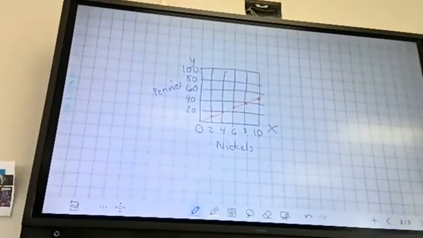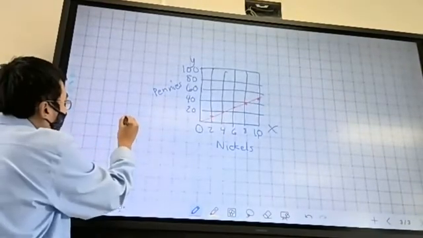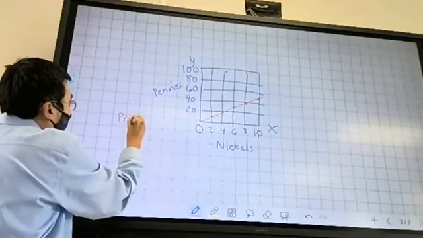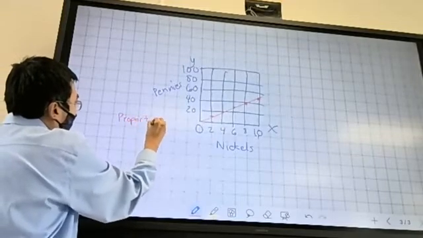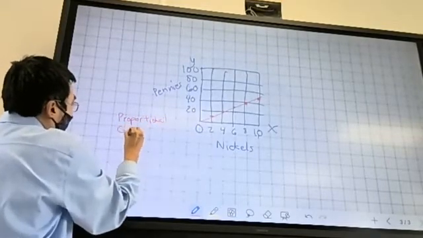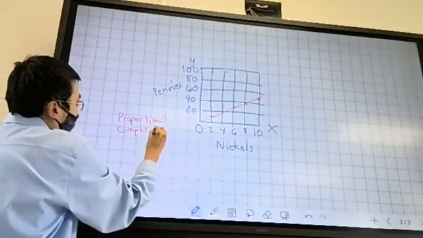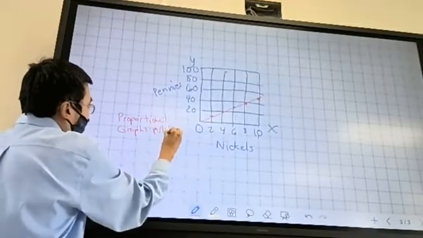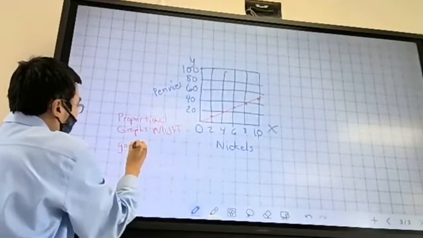You know you have a proportional graph if it goes through the origin. So proportional graphs, and I'm going to write in capital letters, must go through the origin.